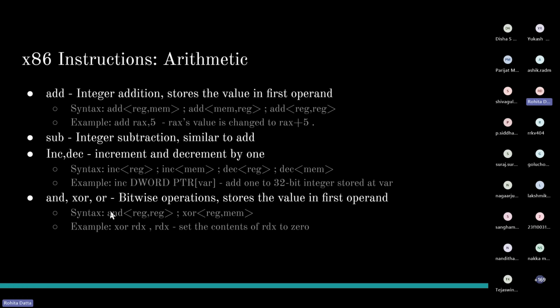For these bitwise operators, if you XOR two registers or memory locations, you basically just store the result in the first operand. Another use for XOR is that it checks if two values are the same or not.